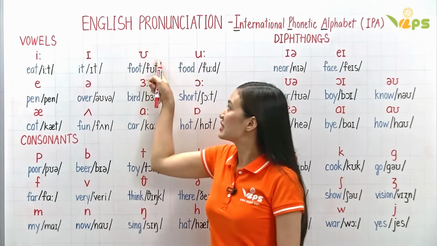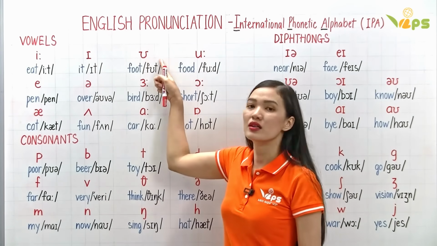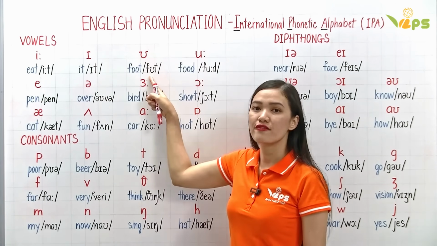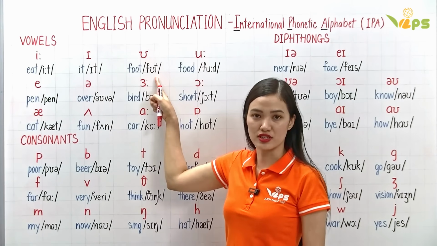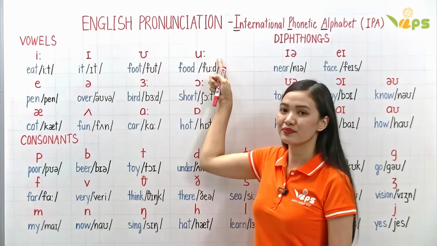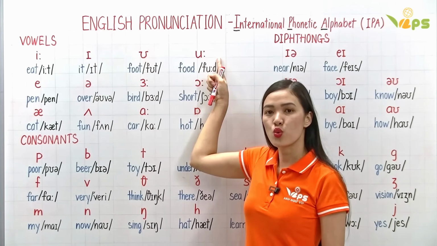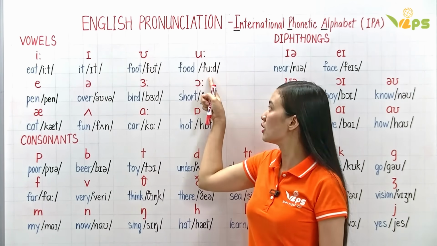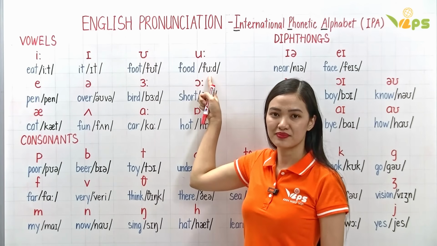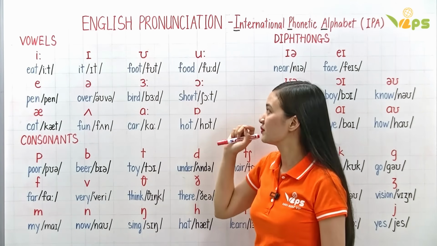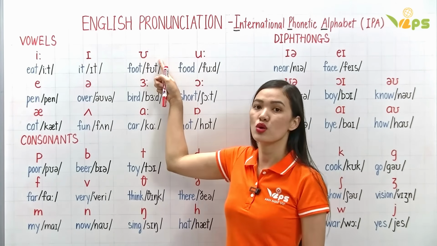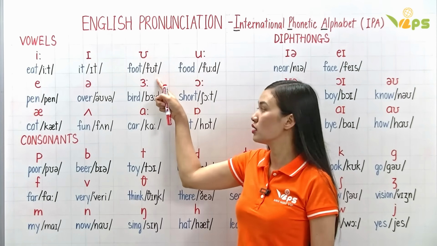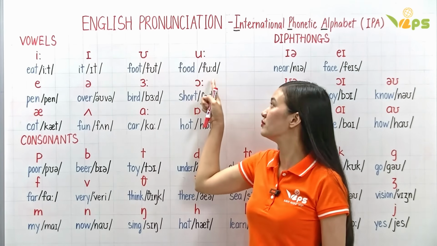Next, this is short oo, foot. This one, long oo, food. Now the difference, foot, food.